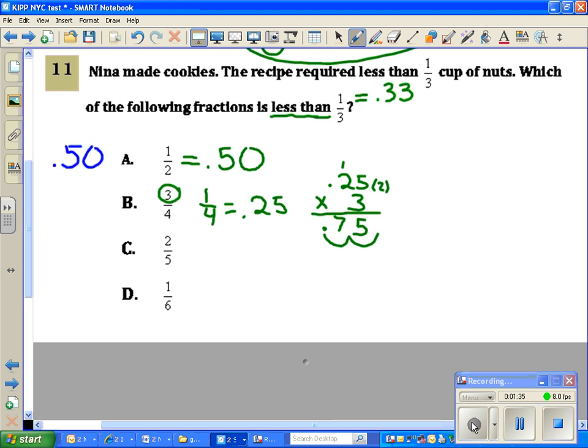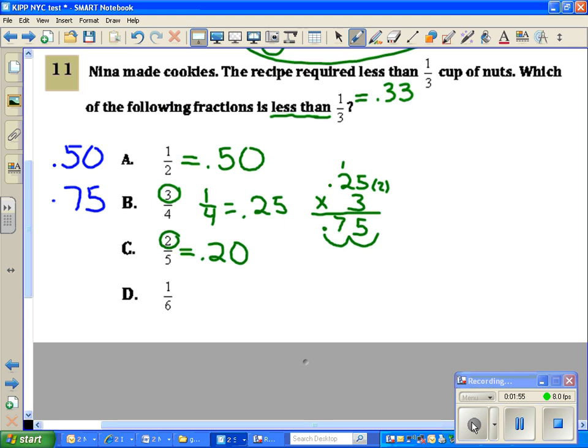50 cents, 75 cents. Now I have 2/5. So 1/5 as a decimal is 20 cents, not 50 cents. But I have 2.